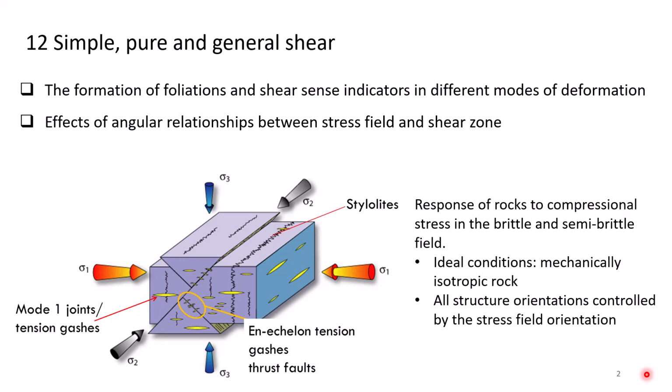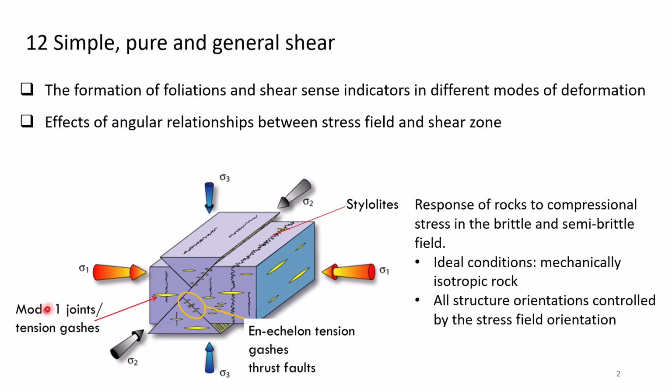Here we see an example of such relationships between sigma 1, the largest principal stress vector, sigma 2, and sigma 3, the smallest one, and various structures of brittle and semi-brittle deformation.